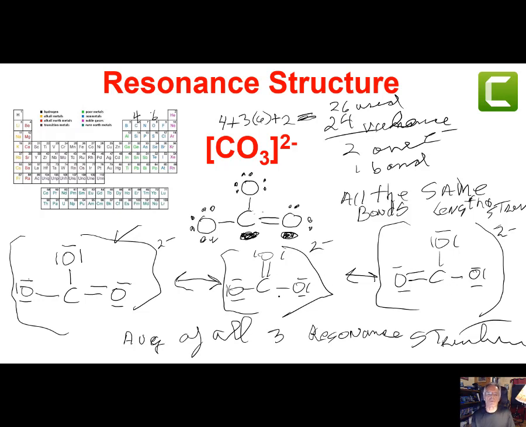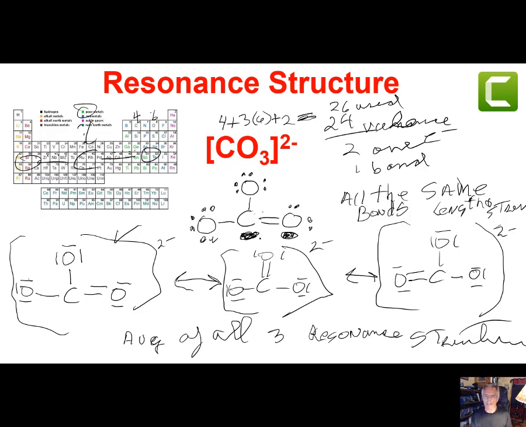What is the truth of this molecule? The truth is that this isn't really a double bond. It's actually 1/3 of a double bond. And this isn't really a single bond. It's 1/3 of a double bond. This isn't a single bond. It's 1/3 of a double bond. The true structure would look more like bond, bond, bond, meaning the electron density is stretched over all 3 bonds evenly.